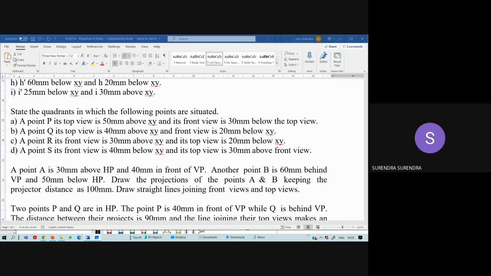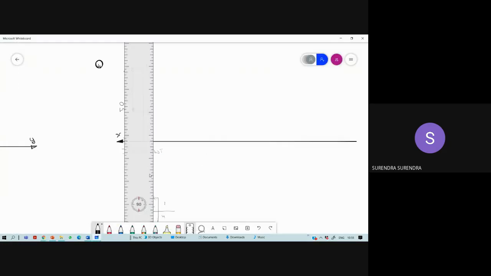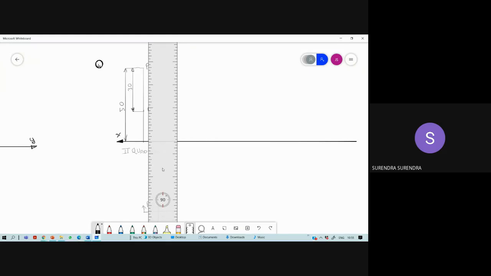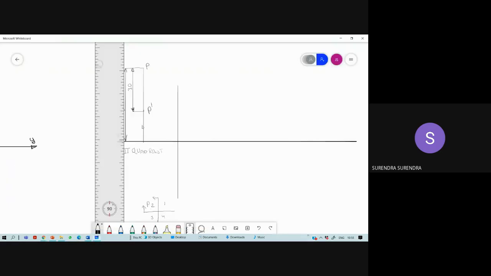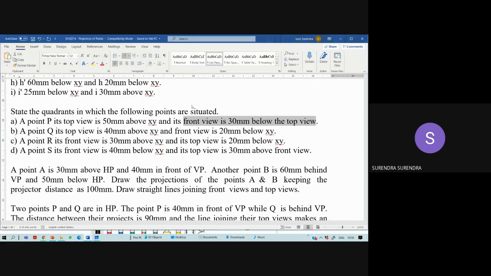Next, point Q. Top view 40 mm above XY line and front view 20 mm below XY line. Front view below XY line and top view above XY line. So as per the dimensions, top view above XY line.